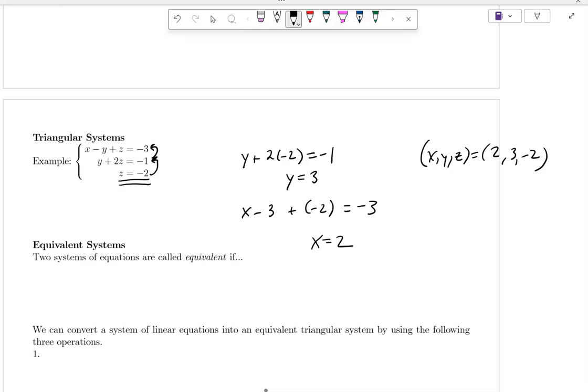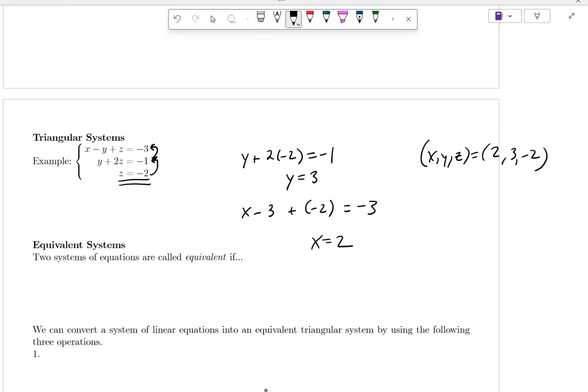Okay, good. All right. So our goal going forward is going to be to try to convert an arbitrary system, whatever that happens to be that we're trying to solve, into a triangular one. Because once we get a triangular one, the last equation tells us what the third variable has to be. We can go back into the second equation to figure out what the second variable has to be, and then plug both of those back into the first equation to figure out what the first variable has to be.